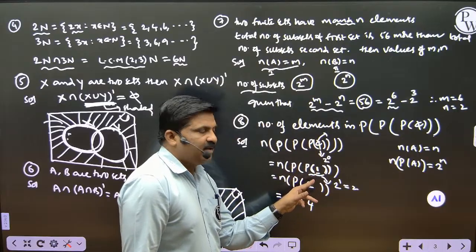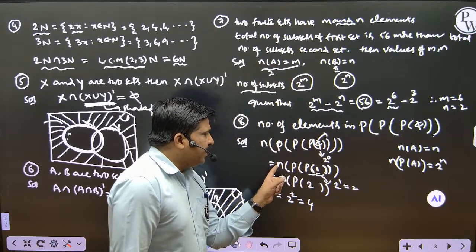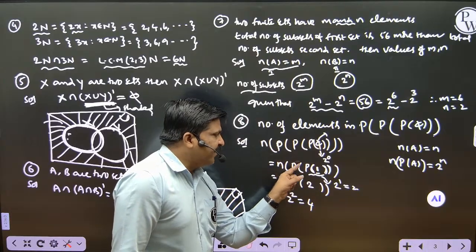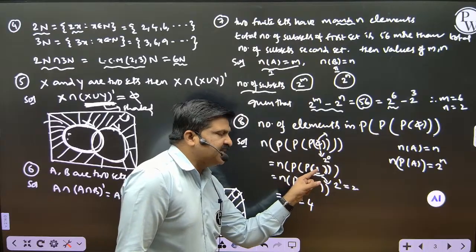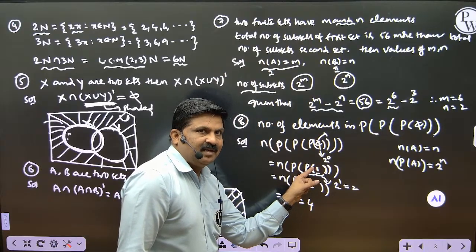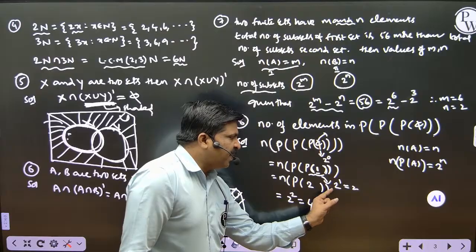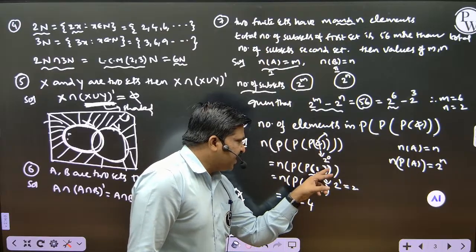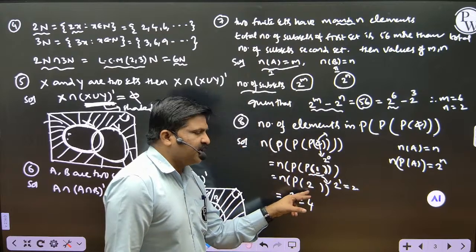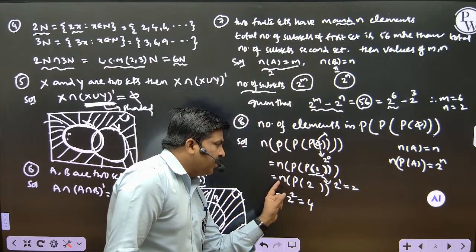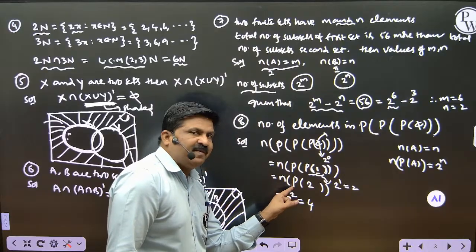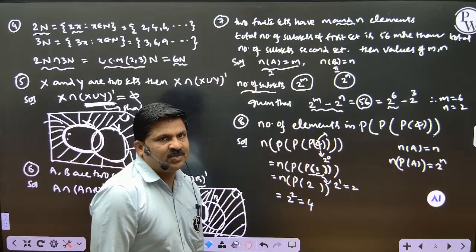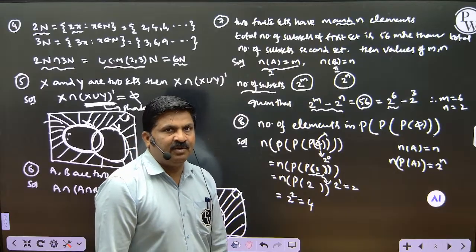Now the number of elements in a power set having a single element is 2 power 1, which is 2. Now the number of elements in a power set having 2 elements is 2 square, that is equal to 4.